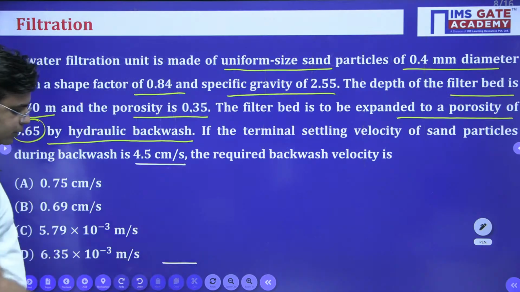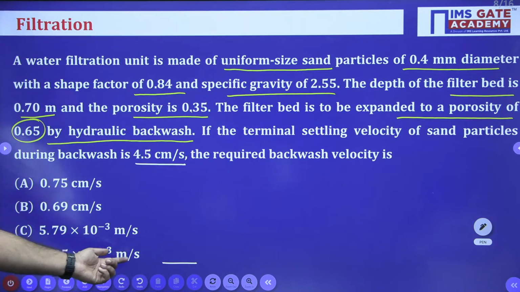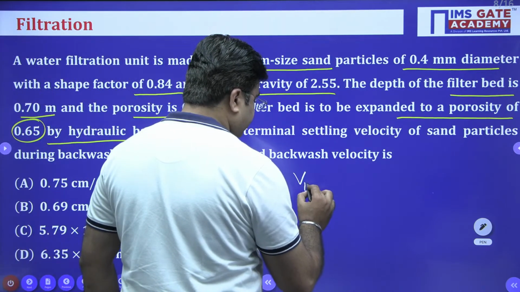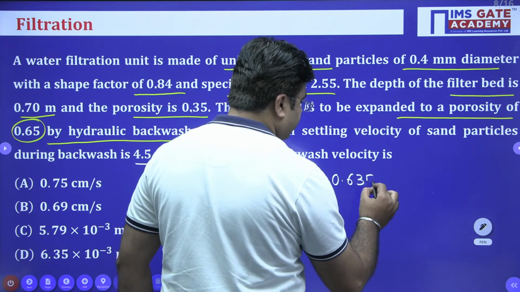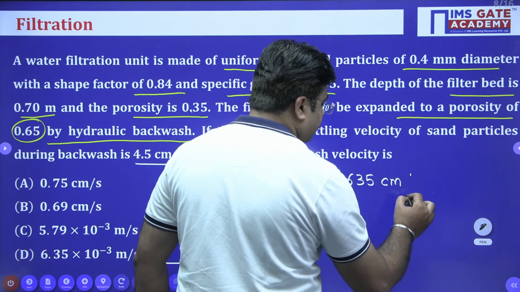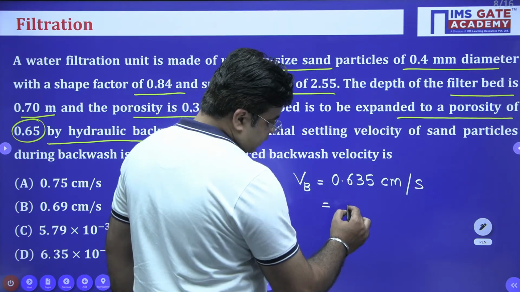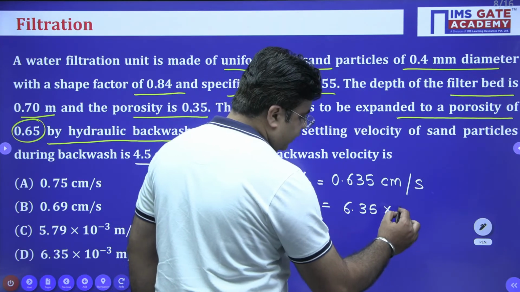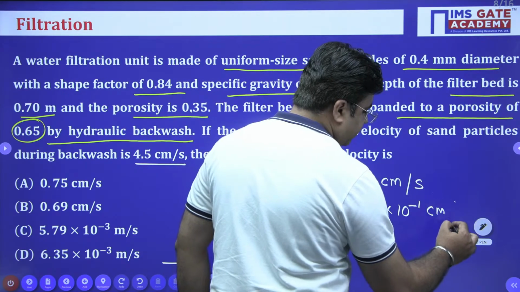Now check the options that are given to us. One option is 6.35 into 10 raised to the power minus 3 meter per second, so we will convert this. VB is equal to 0.635 centimeter per second, which I can write as 6.35 into 10 raised to the power minus 1 centimeter per second.